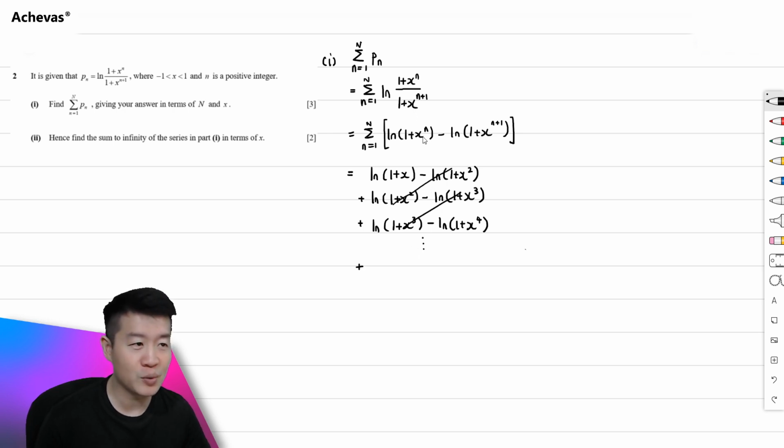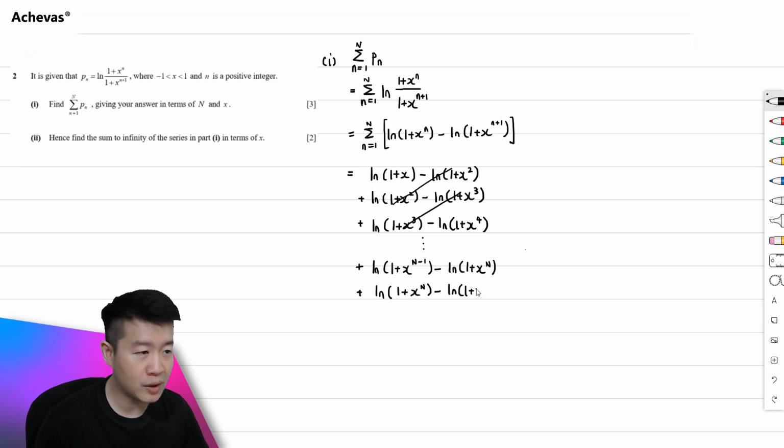So for the last 2 rows, when n is equal to N minus 1, we have ln of 1 plus x to the power of N minus 1 minus ln of 1 plus x to the power of N minus 1 plus 1. And the last row will be when n is equal to capital N. So it is ln of 1 plus x to the power of N minus ln of 1 plus x to the power of N plus 1.